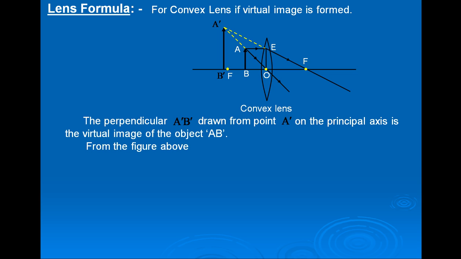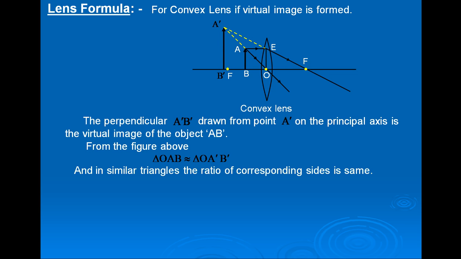Now from the figure above, triangle OAB and triangle OA dash B dash are similar. That is, triangle OAB is similar to triangle OA dash B dash. And in similar triangles, the ratio of corresponding sides is same.